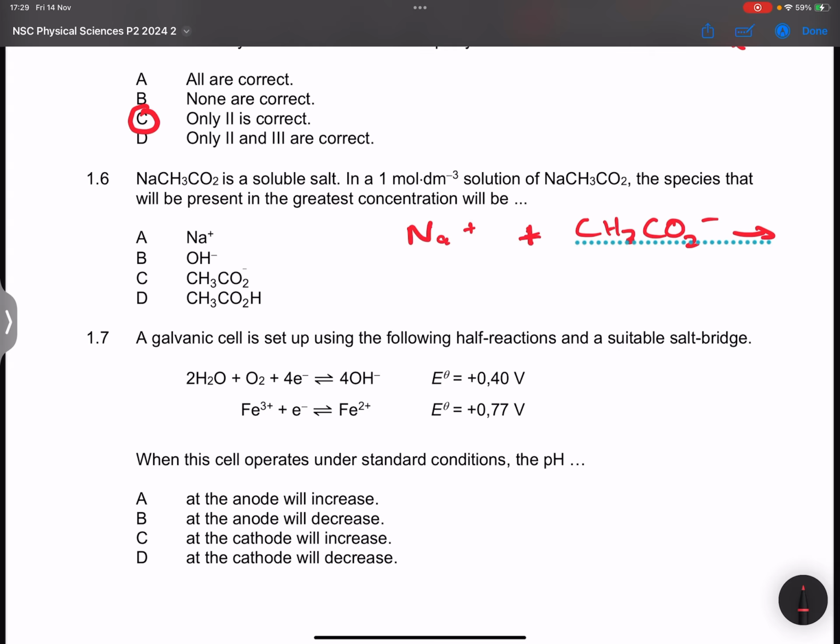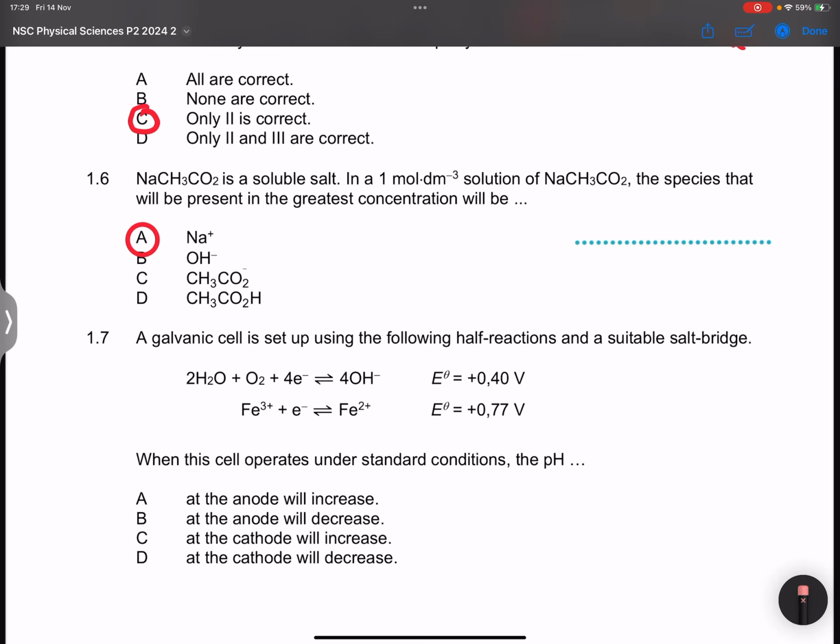And in this case, I know that this will be a stronger conjugate because it comes from the weak acid. So you'll have more sodium ions that are still left. They will not react with water. So as a result, the answer there should be A.